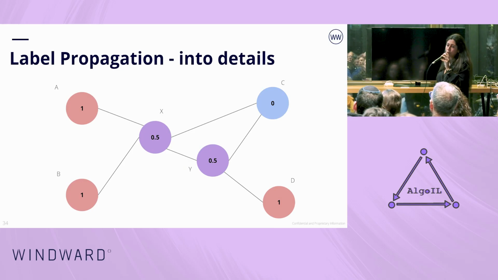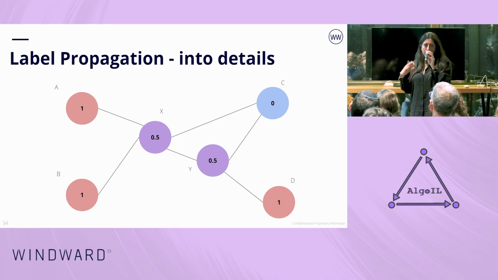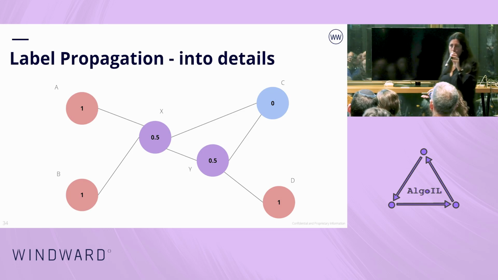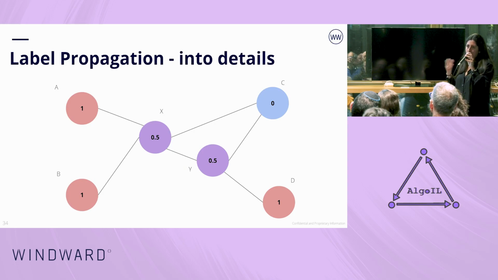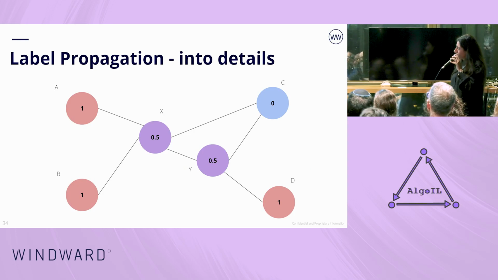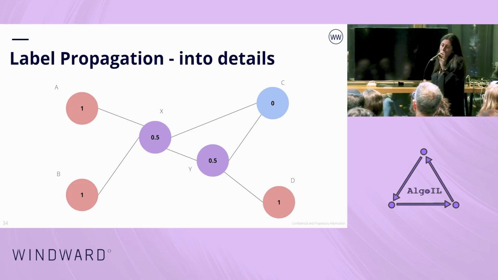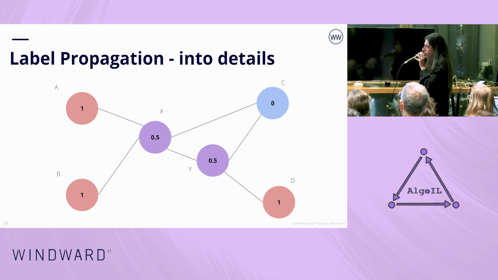So you initialize each node's score with its label, for the labeled nodes. For the unlabeled nodes, you initialize them with some value. This value doesn't matter for how the algorithm performs, okay? So here I put 0.5 to better understand the calculation, but that's it.